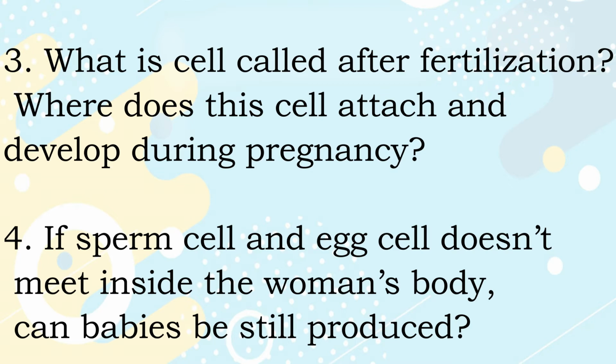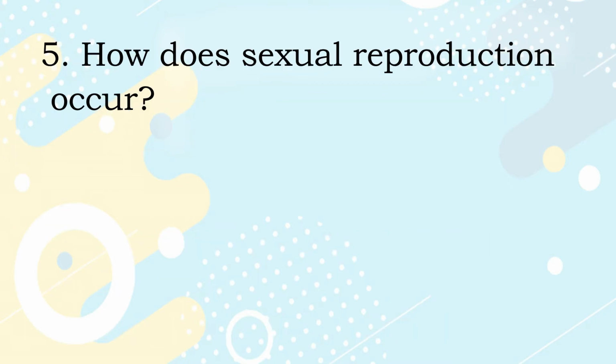For number 4 question, if sperm cell and egg cell doesn't meet inside the woman's body, can babies be still produced? So, meron daw bang pagkakataon na si sperm cell at egg cell ay pagtatagpuin hindi sa loob ng katawan ng babae? Pwede ba itong mag-develop into baby? And for number 5, how does sexual reproduction occur? So those are the 5 questions.